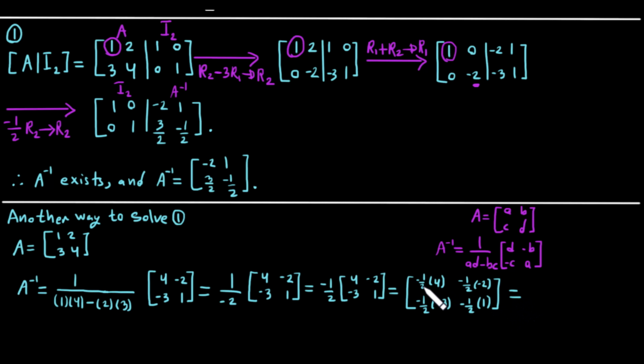Here it will be negative, because negative multiplied by positive will be negative. Half multiplied by 4, which is 2. Negative with negative, which is positive. Half multiplied by 2, which is 1. Negative with negative will be positive. Half multiplied by 3, which is 3 over 2. Negative with positive, which is negative. Half multiplied by 1, which is half.